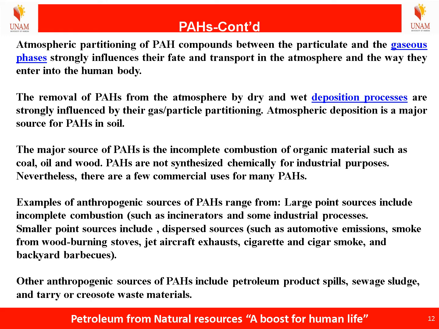So we'll see the examples of anthropogenic sources of PAHs, ranging from large point sources, such as incinerators or some industrial processes like the petroleum refining industry, from which it can also come. Then the smaller point sources will include dispersed sources such as automotive exhaust, smoke from wood burning stoves, jet aircraft exhaust, cigarette and cigar smoke, and backyard barbecues.